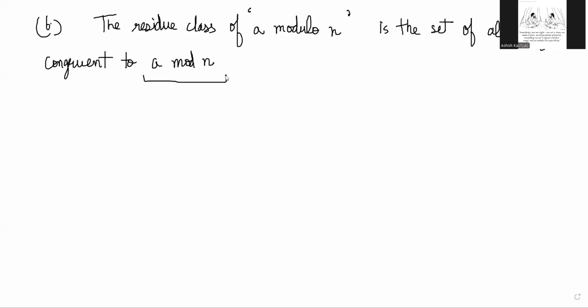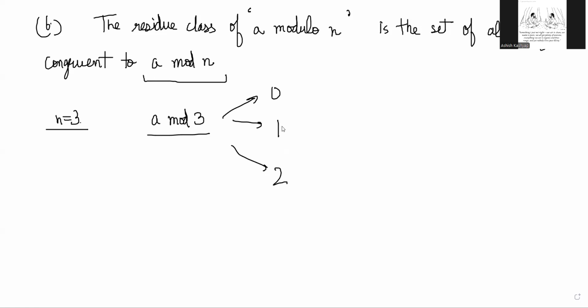So what does this mean? Let's say n is equal to 3. When you divide an integer a by 3, the remainder a mod 3 could be 0, could be 1, could be 2, right? So the remainder could be any of these three values. Now we are going to say that these three values define their own residue classes.